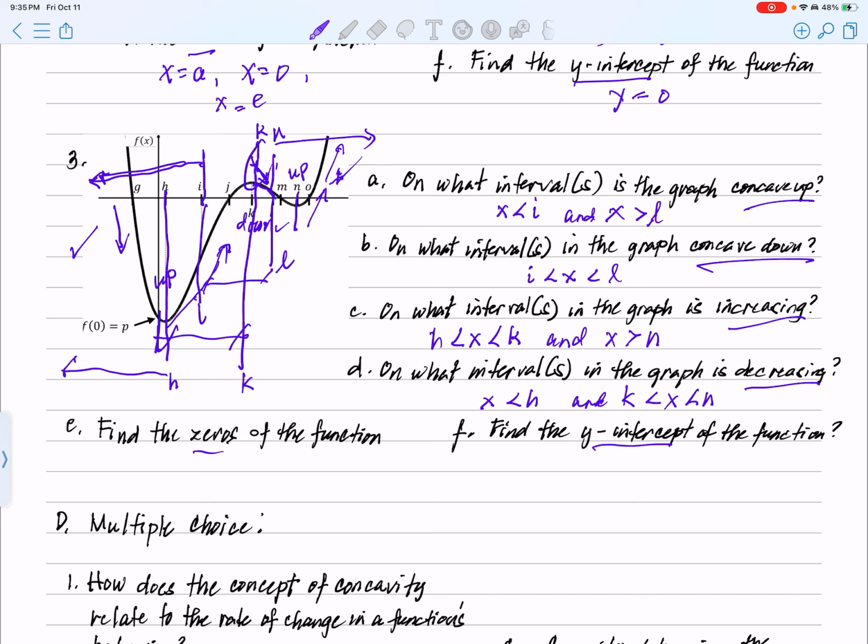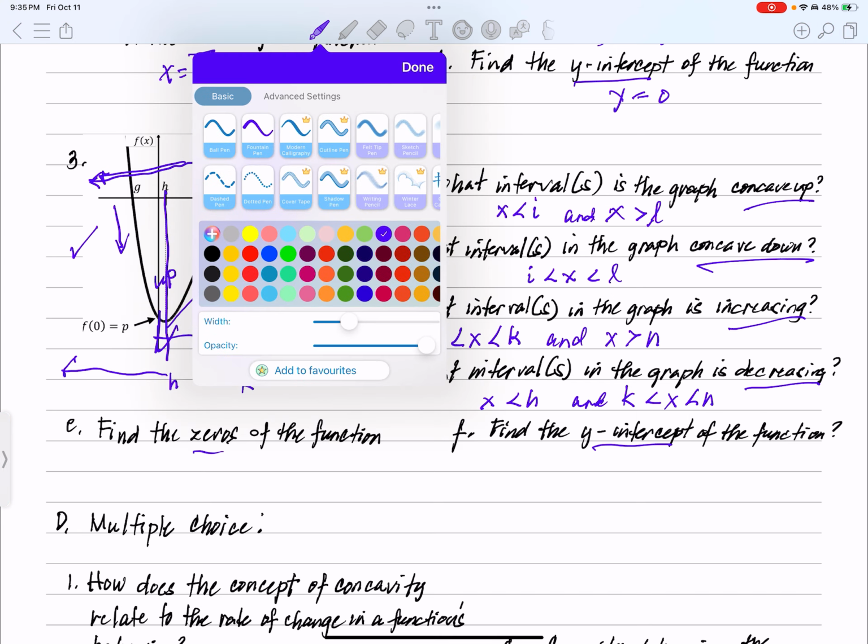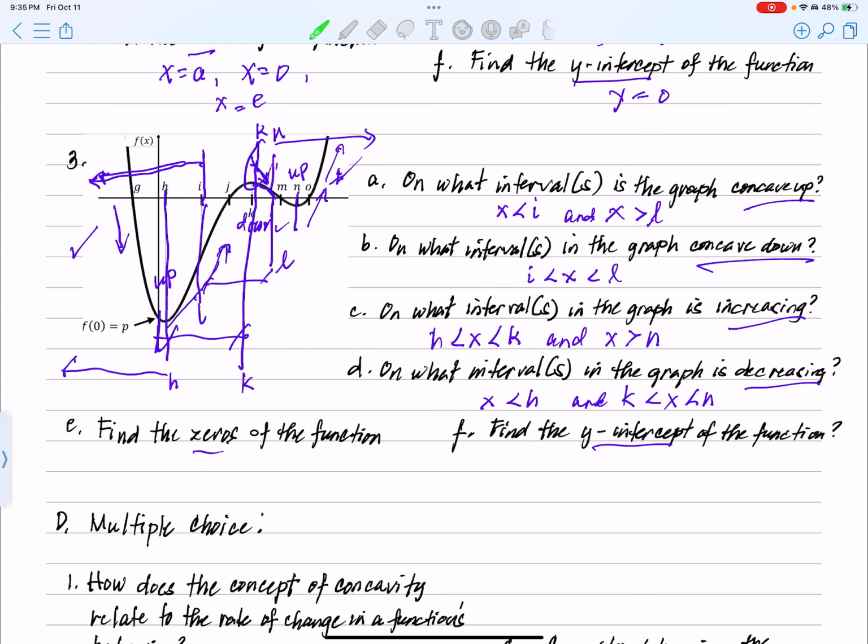Now zeros. Oops, I'm going to use another color for zeros to make it clear. Where it hit our x-axis, this point. So what is that point? G. So when x equals G, what else did it hit?